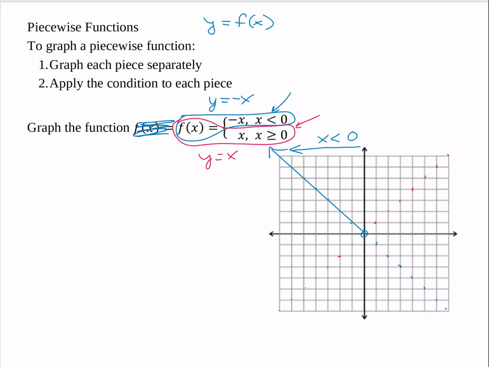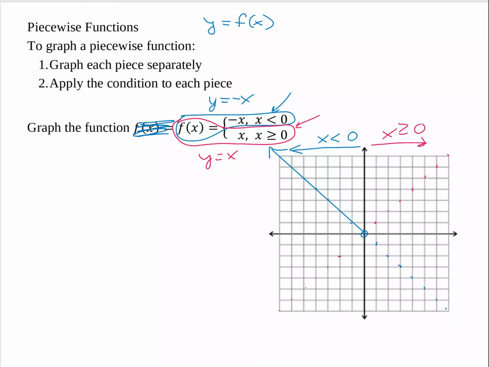So greater than or equal to 0 starts at the y-axis and goes to the right. Okay? So that means that this piece that I'm trying to graph will start when the x-coordinate is 0, because x can actually be 0 on this one.